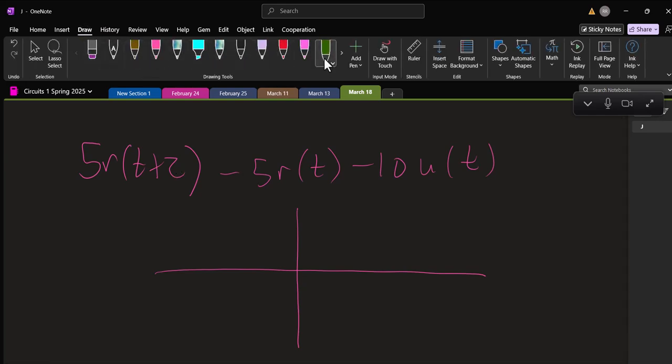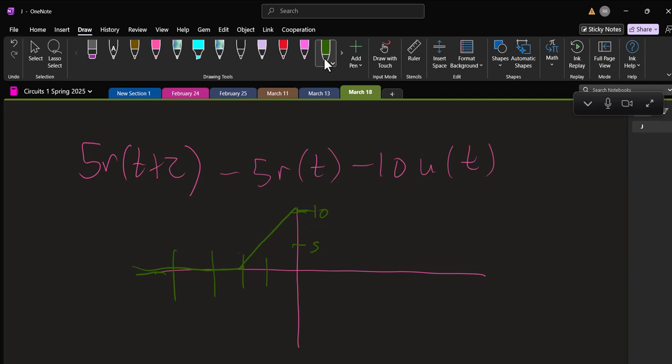So 5r t plus 2 says when I get to -2, I'll have a slope of 5. Minus 5r of t says when I get to 0, I'm going to subtract 5 from my slope, so I have a 0 slope.